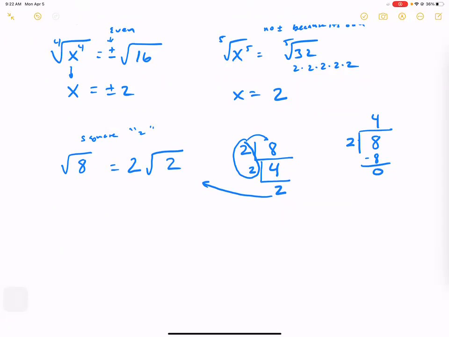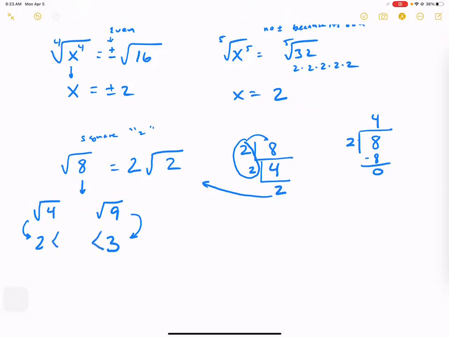It turns out that the square root of 8 is between the square root of 4 and the square root of 9, right? Isn't square root of 8 kind of right between there? And the square root of 4 is 2, and the square root of 9 is 3. So looking at numbers, if square root of 4 is a whole number 2, and square root of 9 is a whole number 3, can the square root of 8 be a whole number or a decimal?